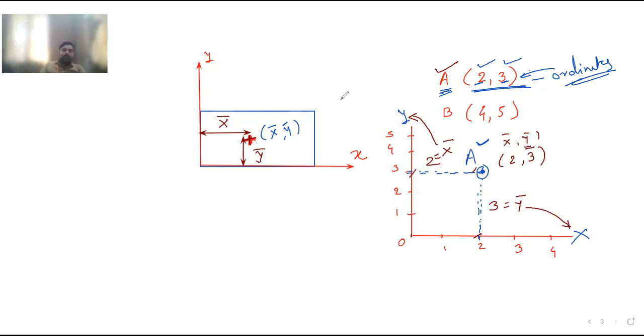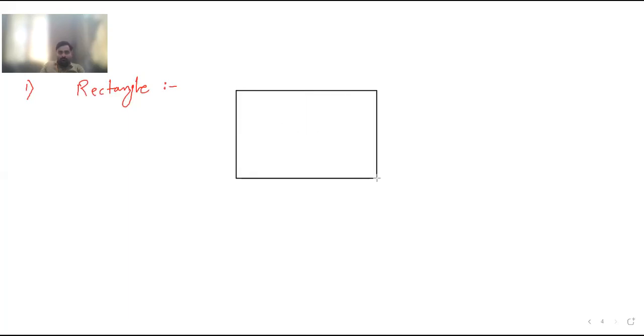Okay. So now we will see the formulas. The first formula is for rectangle. We will start from rectangle. We will see the formulas for centroid. And this is the rectangle. This is the width of the rectangle.